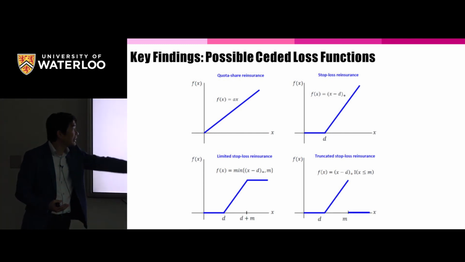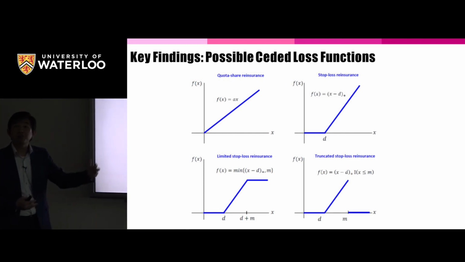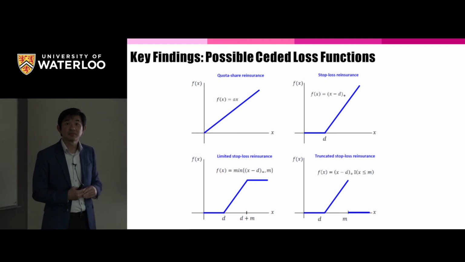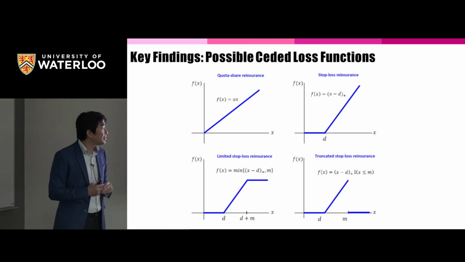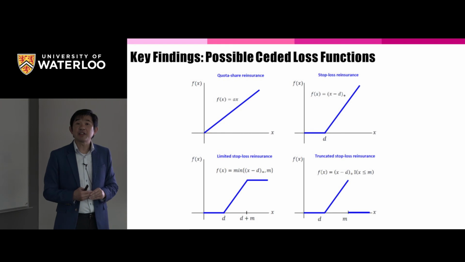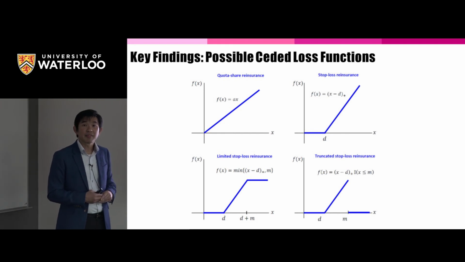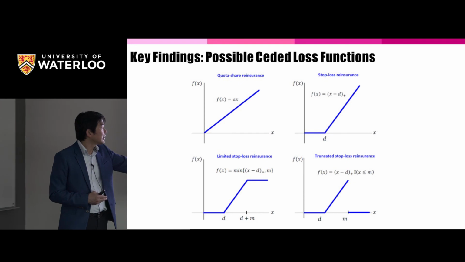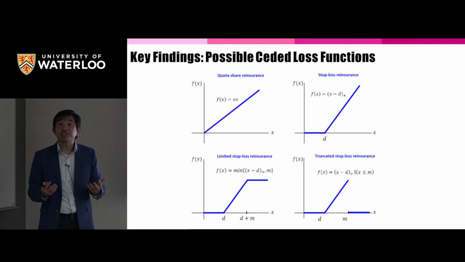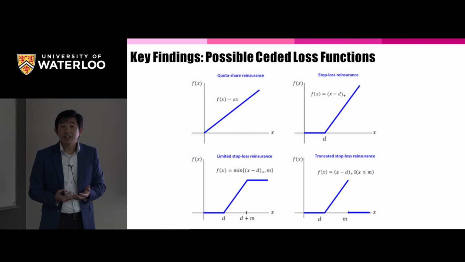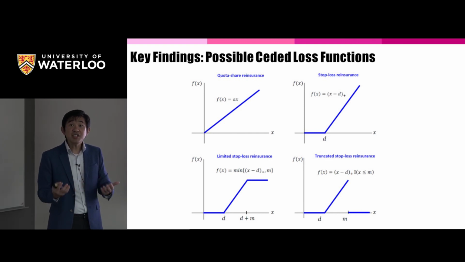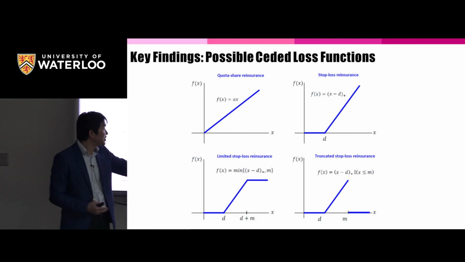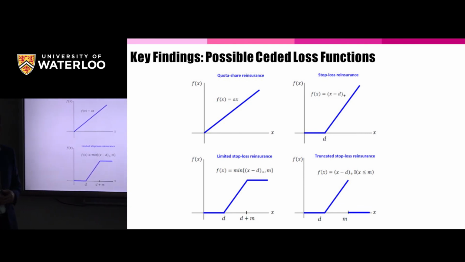The fact that truncated stop loss can be optimal also raises a very interesting issue. For example, imagine that this is the kind of ceded loss function that is being underwritten. In general, a truncated stop loss reinsurance is considered undesirable because it will promote or encourage moral hazard. To see that, imagine, let's say, the reported losses.